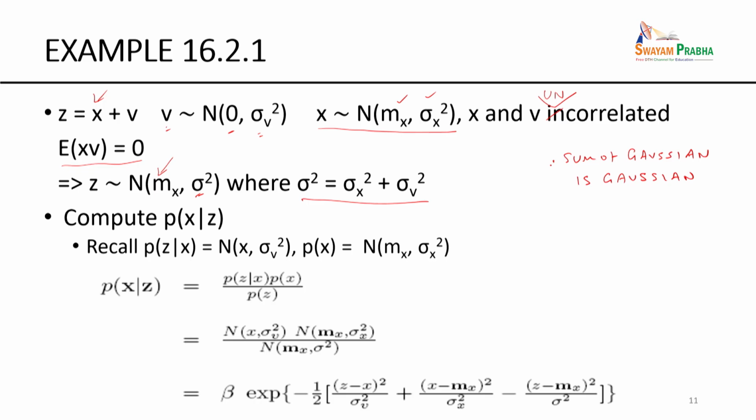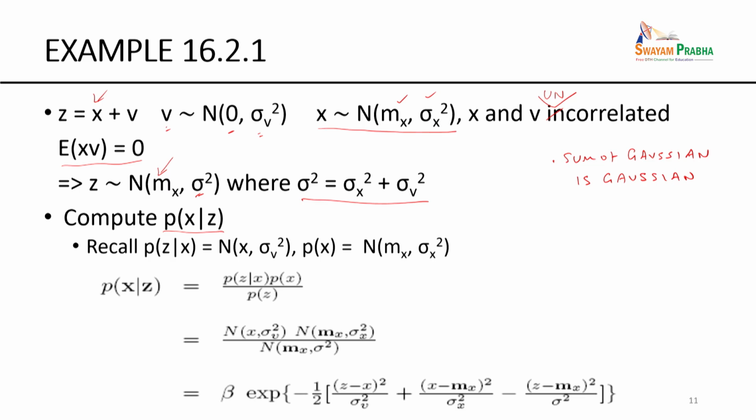Sum of Gaussian is Gaussian. If the two Gaussian random variables are uncorrelated, the means add up, the variances add up. This is the simplest possible case. If X and V are correlated, there will be other correlation-based terms that will affect the variance. So I now know the distribution of Z, the observation. I want to compute the conditional distribution Px given Z under the Bayesian framework.